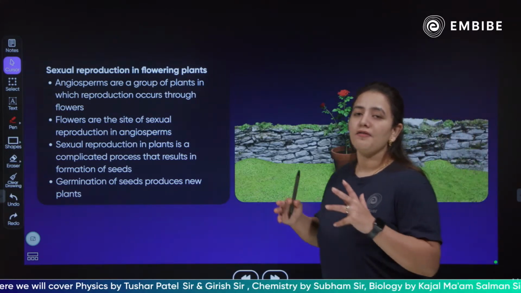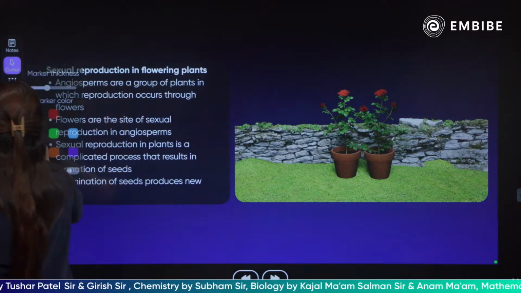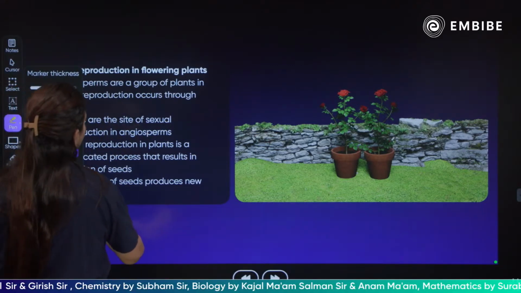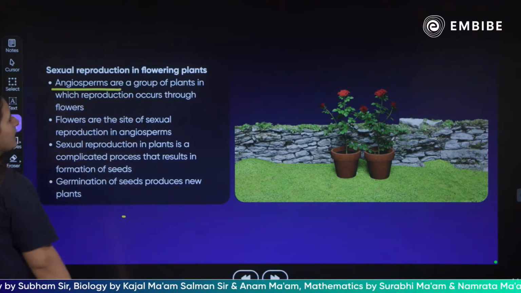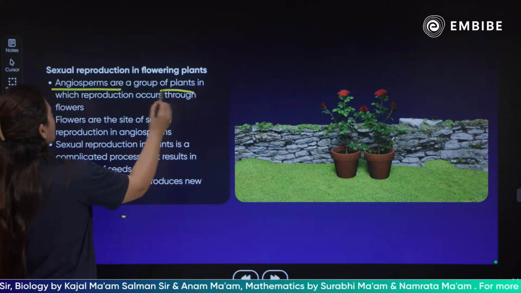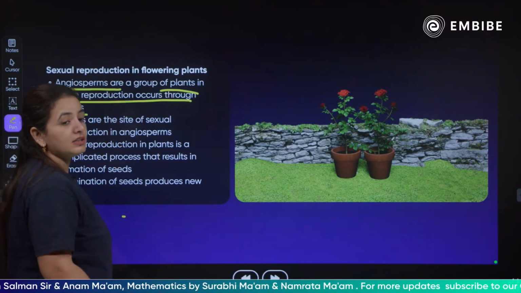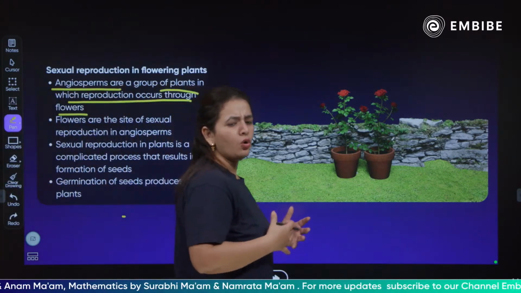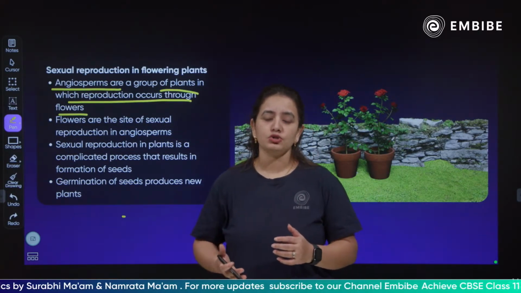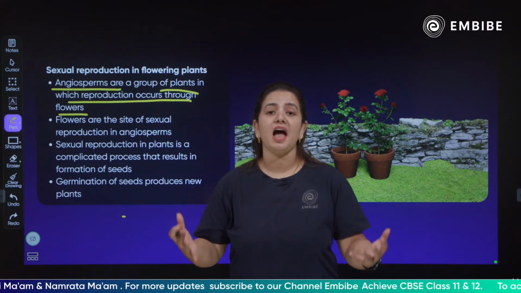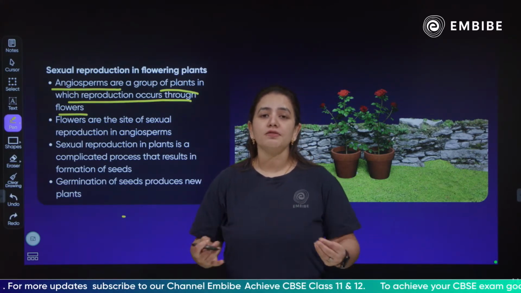What are the flowering plants? What is sexual reproduction in the flowering plants? Children, the angiospermic family, which are the flowering plants, are a group of plants in which reproduction occurs through the flowers. The capability of the angiospermic plants to reproduce comes because they have flowers. Yes, they have their respective reproductive organs.